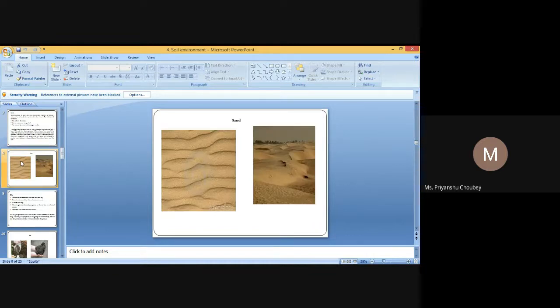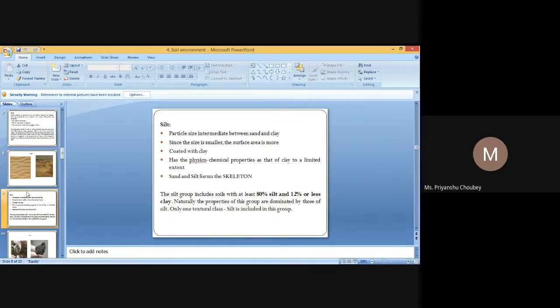So here is a sand picture. Silt has particle size intermediate between sand and clay. Since the size is similar and surface area is more, it is coated with clay and has the physicochemical properties of clay to a limited extent.